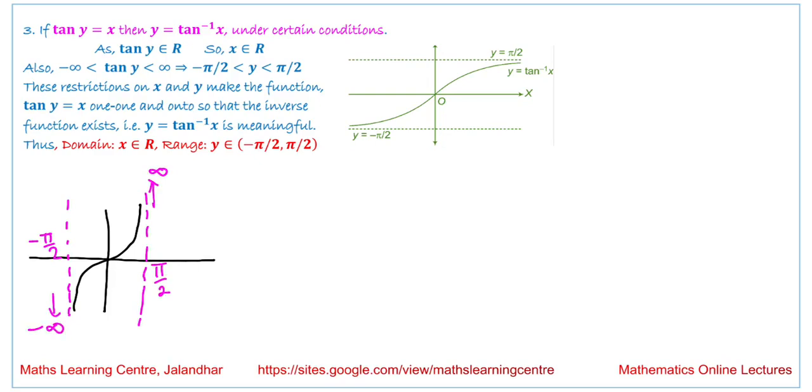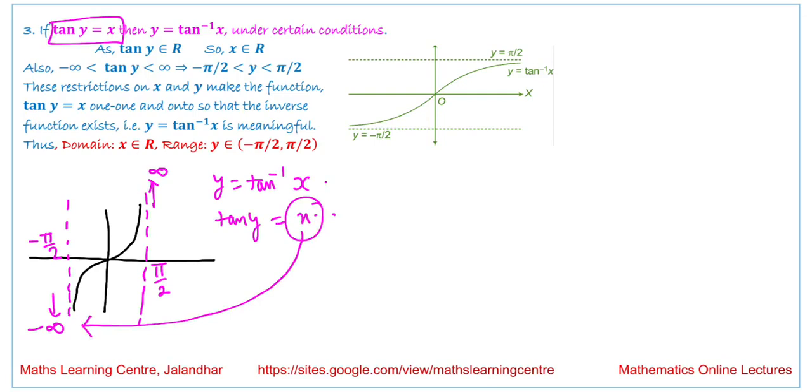So if we are talking about the function y is equal to tan inverse x, what are the possible values of x over here? We are talking about the function tan y is equal to x. So what are the possible values of x? x can take any value from minus infinity to plus infinity.